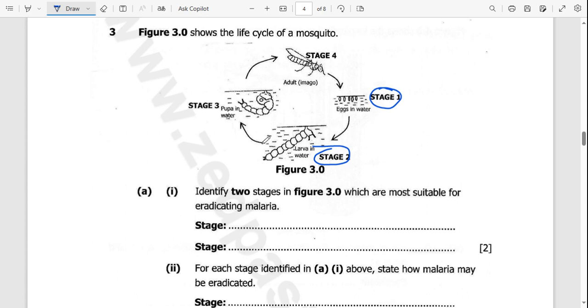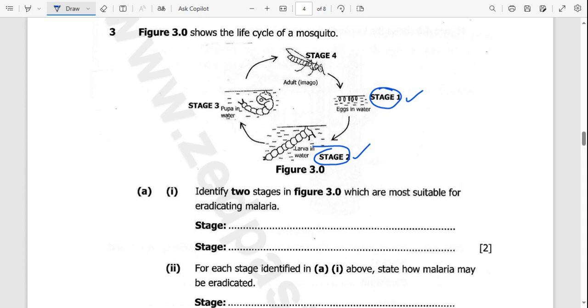Identify two stages which are most suitable for eradicating malaria. If you want to eradicate, you want to do away with, to cancel, to stop. So at the stage of an egg and also larva, you can eradicate malaria there.